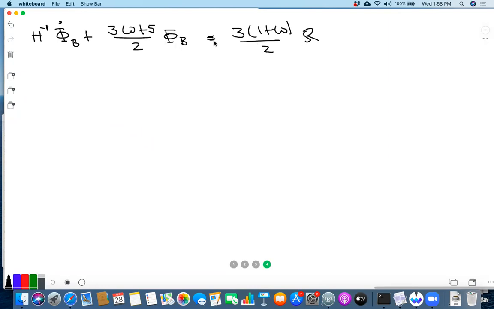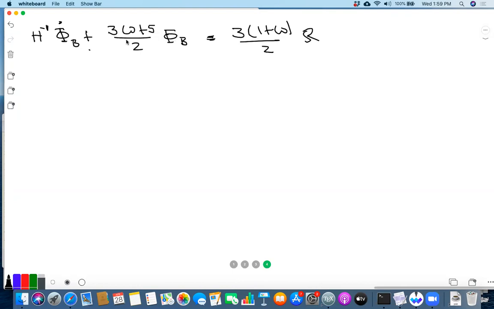Now you know that in such cases, if there is a friction, then the particle eventually reaches a terminal velocity. When it reaches the terminal velocity, the phi b dot will go to 0, and the value of the terminal velocity will simply be given by solving this equation. So phi b will be 3 times (1 plus w) over (3w plus 5), times r. So this is the physics.